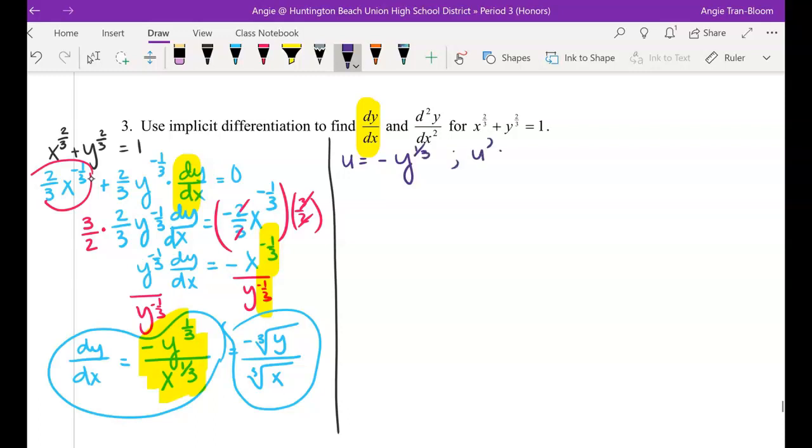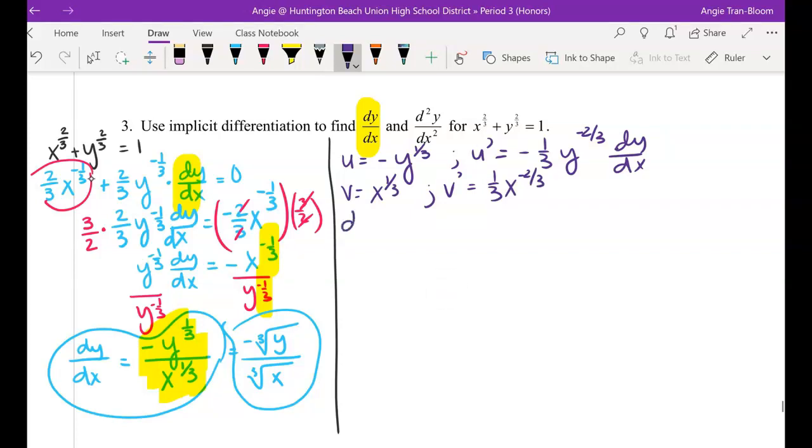So u prime would mean negative 1/3 times y to the negative 2/3 times dy over dx or y prime. V, I'm going to let it be the denominator, which is x to the 1/3. That means v prime is 1/3 times x to the negative 2/3. Since it is with respect to x, I do not need to write x prime, okay?